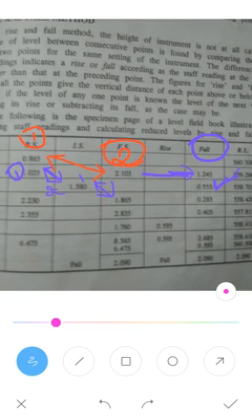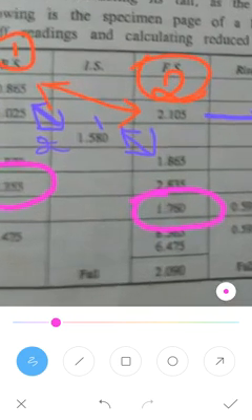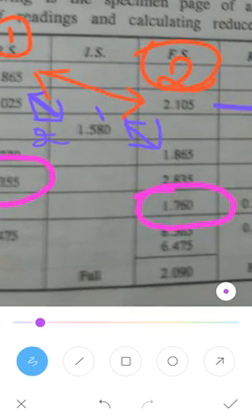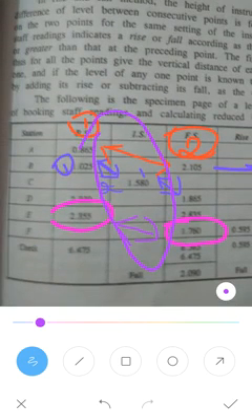Now the last value is this one. The first value is 2.355, the second value is 1.760, which is the foresight, the last point. You have to take the difference between these two only. The movement is like this only. See here, all the values I'm showing are in the same direction.